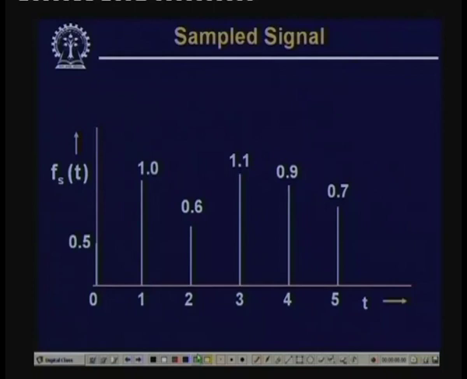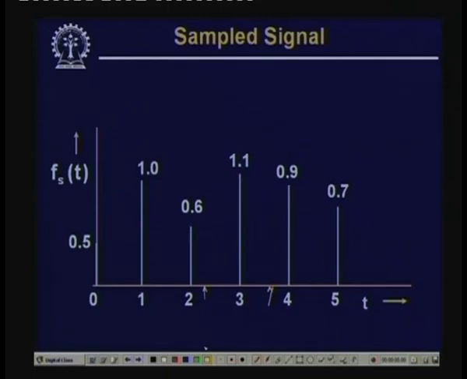But in some applications, we may need to find the approximate value of this function at say t equal to 2.3 or t equal to 3.7 and so on. In this diagram, at t equal to 2.3, somewhere here, I do not have any information, or at t equal to 3.7, somewhere here, again I do not have any information.